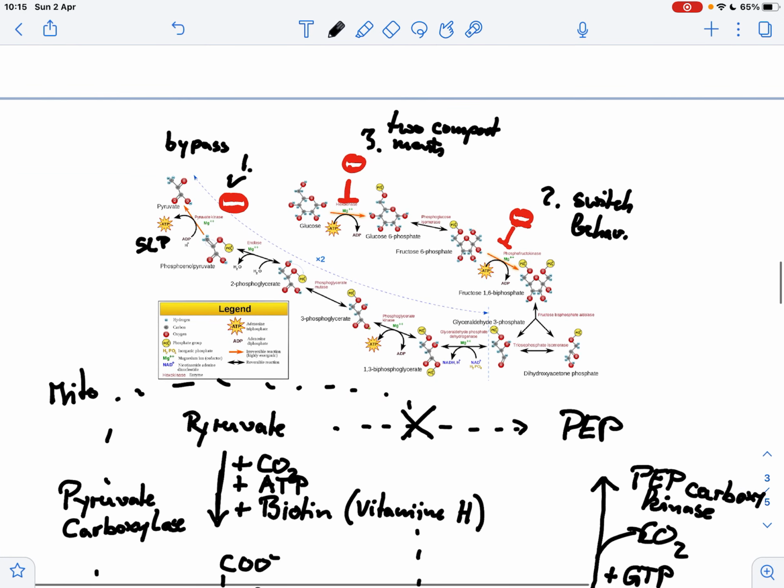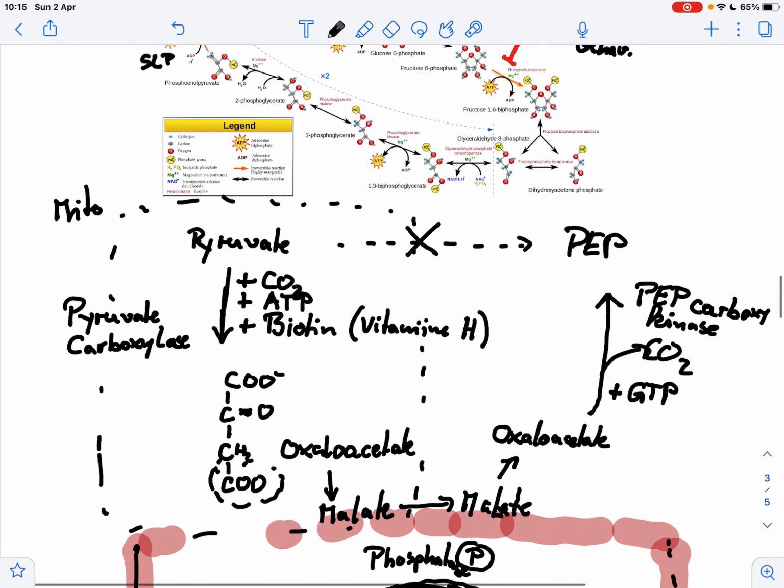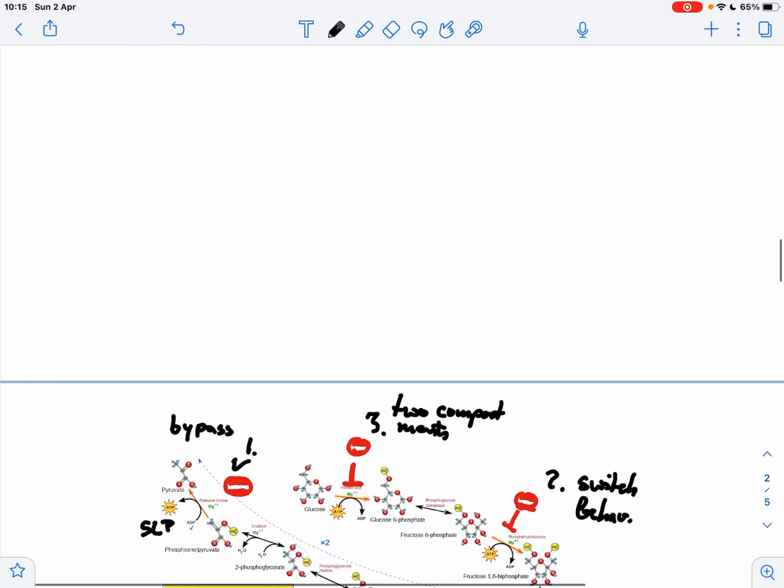So this is basically the process of gluconeogenesis that allows the liver.